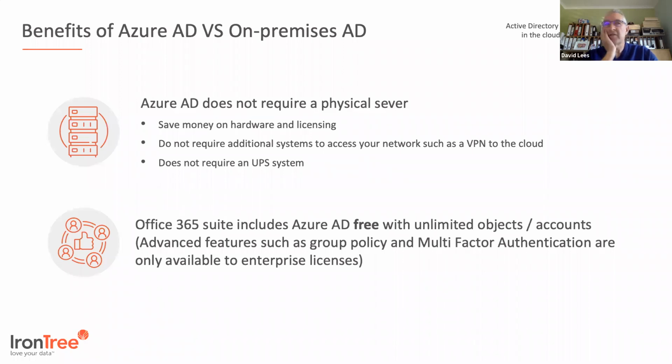Some of you watching might be Irontree resellers who have the competency to do this. If you don't have Office 365, hopefully you watched our webinar on Office 365 and Teams. Seriously consider it, because it also gives you this extra management and security layer. Should I move to the next slide, Keith?